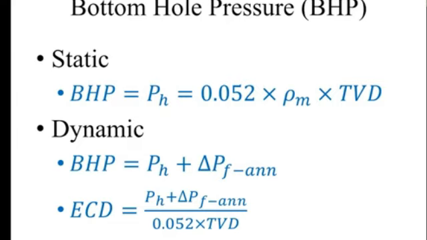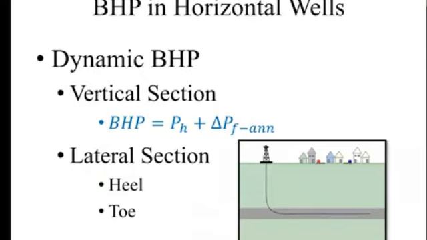Okay. For this reason, when we are drilling, for example, a horizontal wellbore, in the lateral section of the horizontal wellbore, the static bottom pressure is the same all the way from the heel to the toe. So when I say heel, here is heel.